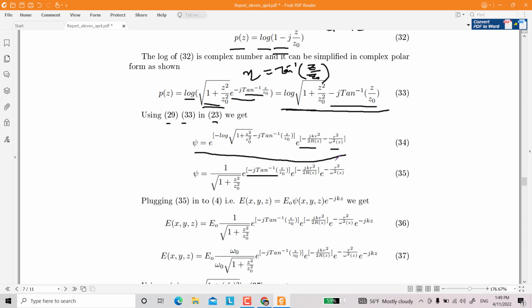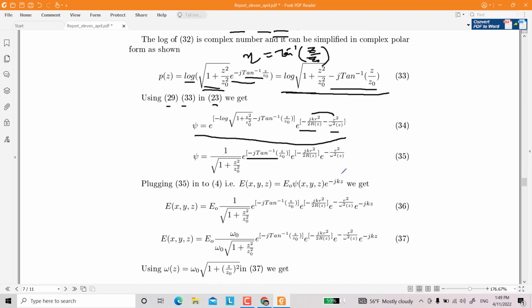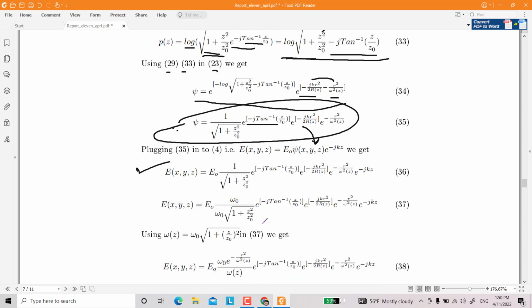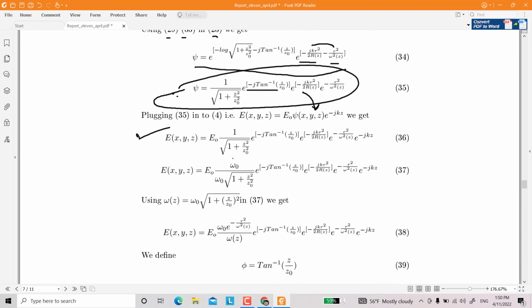There are two terms which appear, so if we distribute the exponential terms separately, we are left with this thing. Now that we have the amplitude function profile, if we put this in our actual solution, which is E as a function of x, y, z, where psi is equal to equation number 35, we get this thing, right? This is our result so far.